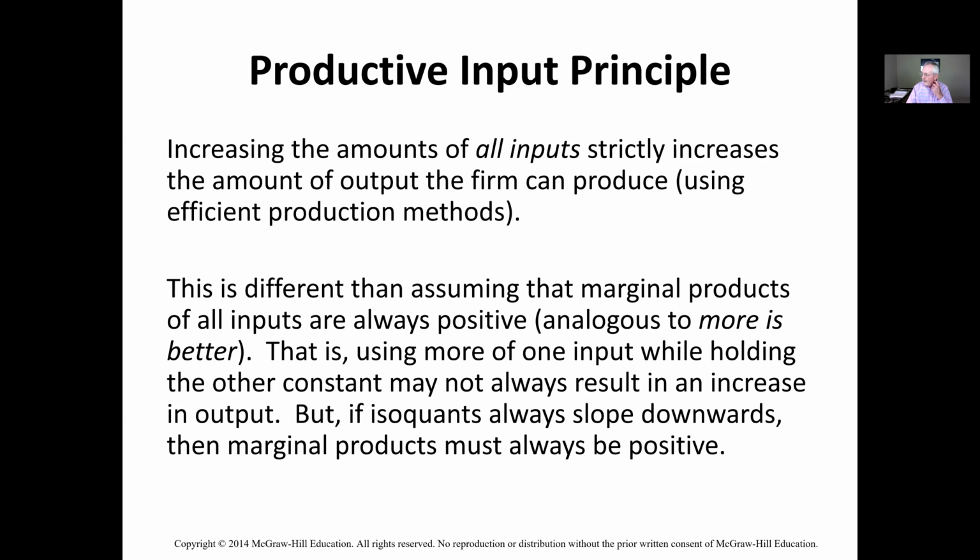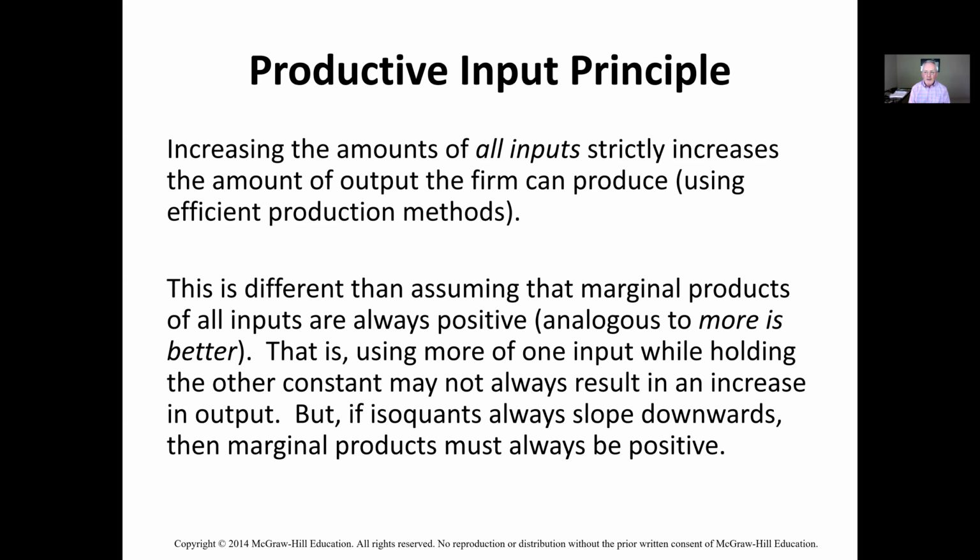So the only way I could stay on the isoquant, which is to say a constant quantity, would be to reduce the other input just enough that it offset the change in output from the other input, right?